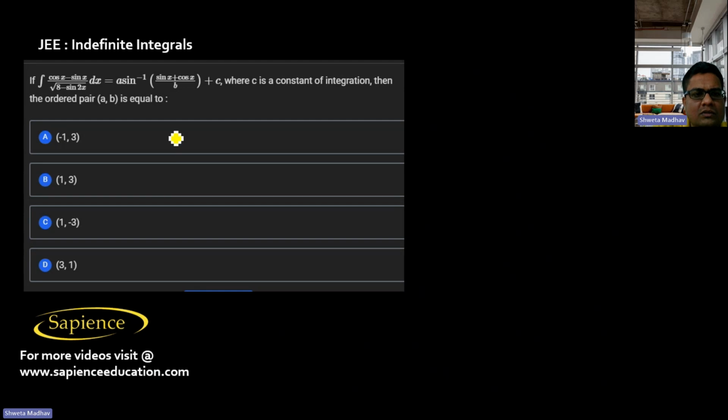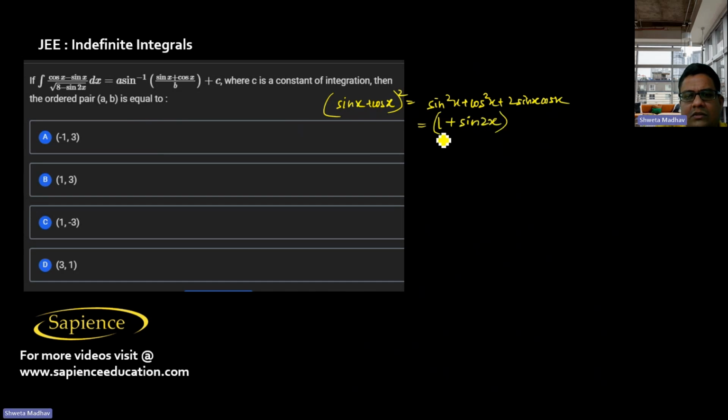And here it is told that if this integral, where C is a constant of integration, then the ordered pair A comma B is equal to. So now sin x plus cos x whole square can be written as sin square x plus cos square x plus 2 sin x cos x. So hence we can write this as 1 plus sin 2x.